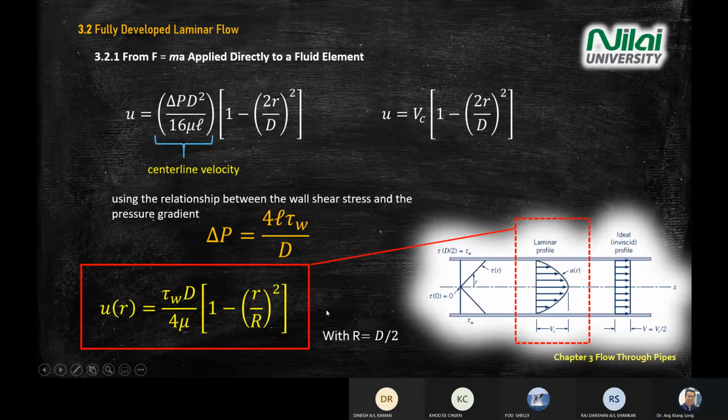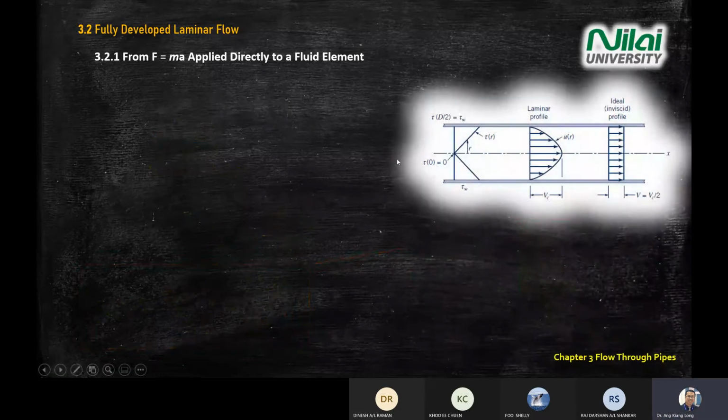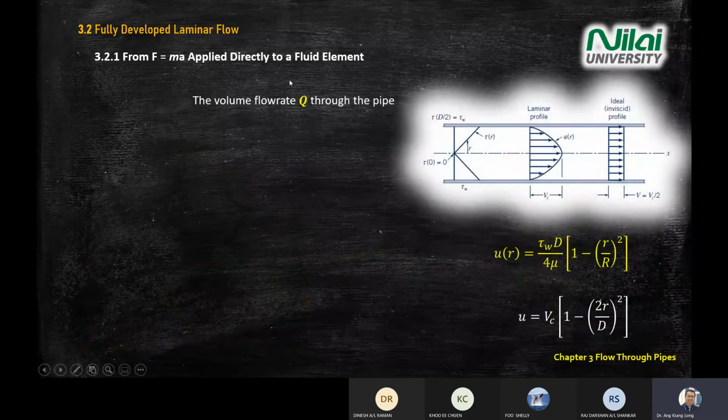Okay. So today we're going to continue looking at this equation, and how to apply F equal to MA in our fully developed laminar flow. On the right hand corner here, you are seeing the equation that we covered in the previous lecture, which is u equal to this one, in terms of the ratio of your r.